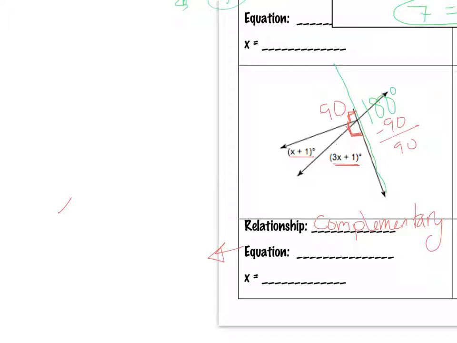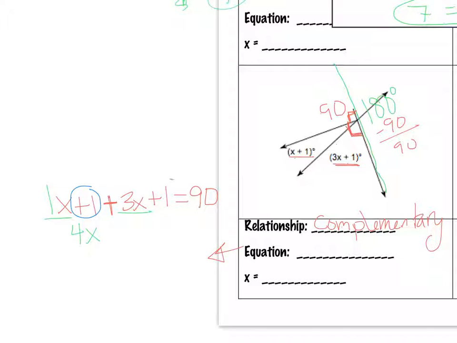So I have room to do that. Alright, so x plus 1 plus 3x plus 1. So I'm adding those two angles together. They're complementary because they're 90 degrees. Okay, and then it's just an equation. So 1x plus 3x is 4x.